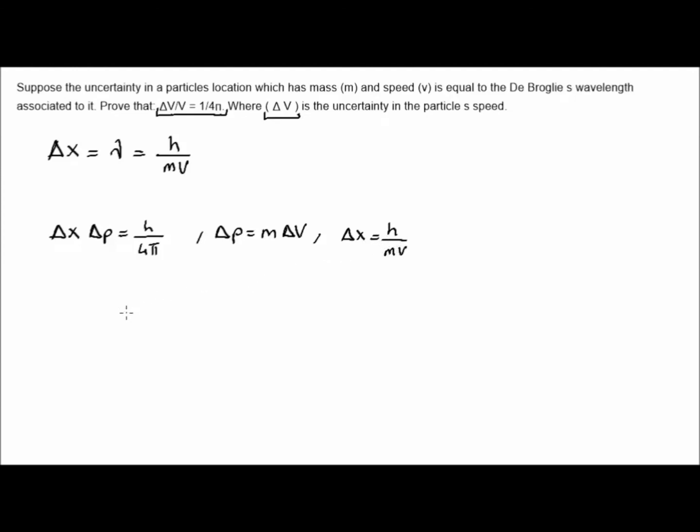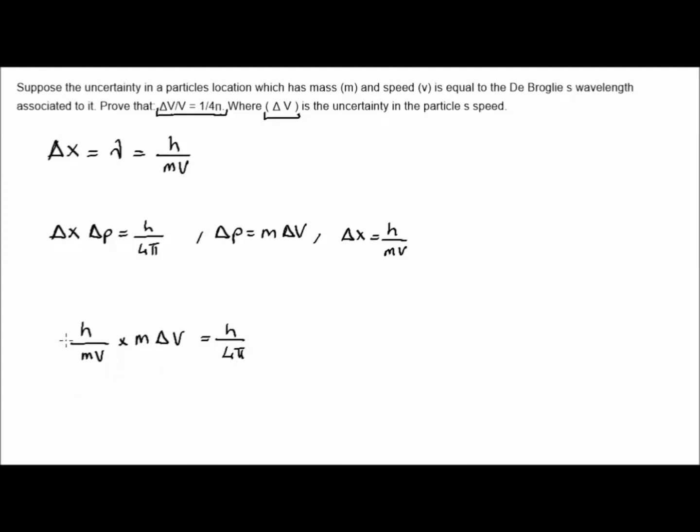Now I'm going to substitute them. Instead of delta x, h over mv, times instead of delta p, m times delta v, equals h over 4 pi.